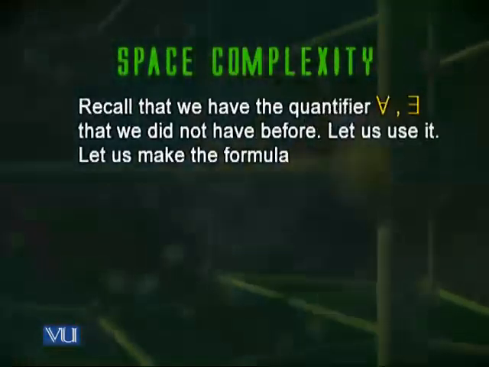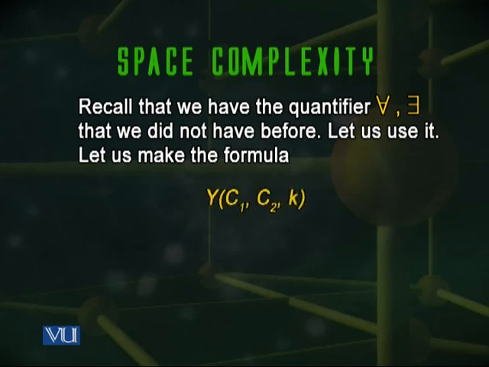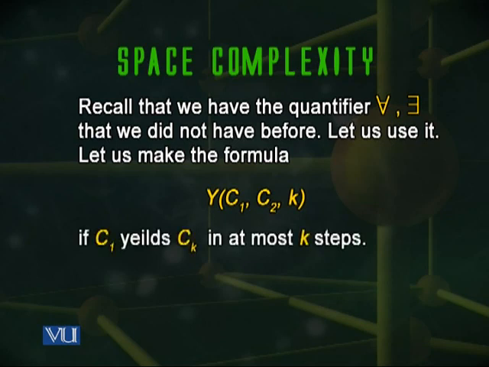Let's look at it. Recall that we have the quantifiers for all and there exists. We did not have both these quantifiers before; in satisfiability, the only quantifier allowed is there exists. So now we have this additional quantifier, so why not use it? Let's make a formula Y(C1, C2, k), which is true if and only if C1 yields C2 in at most k steps.